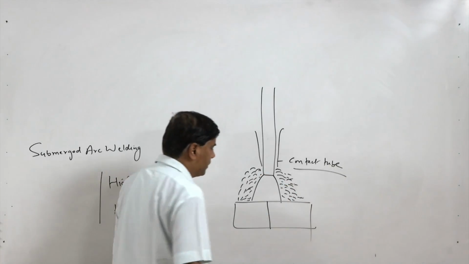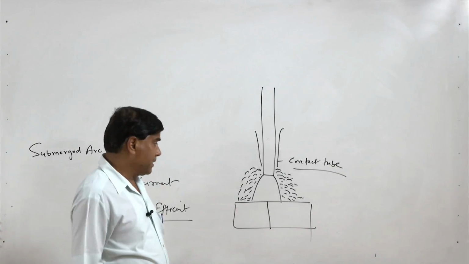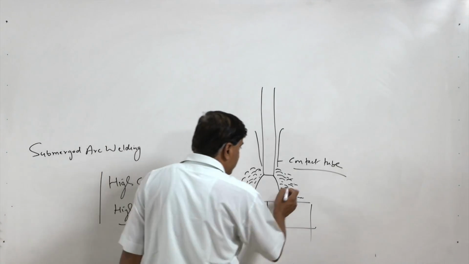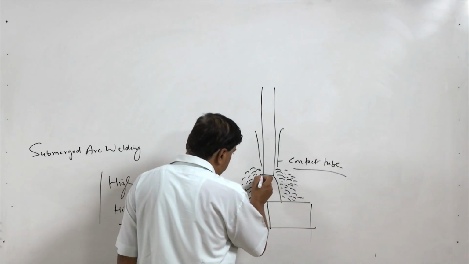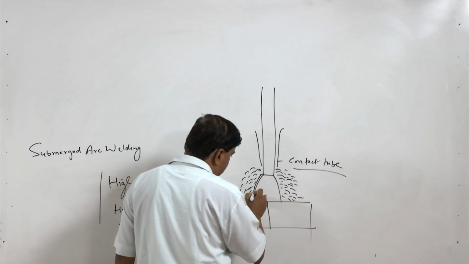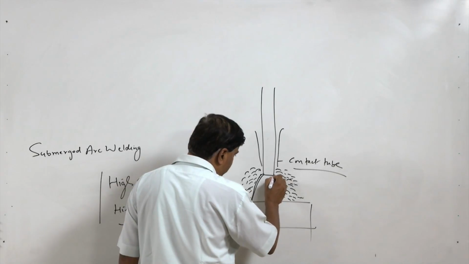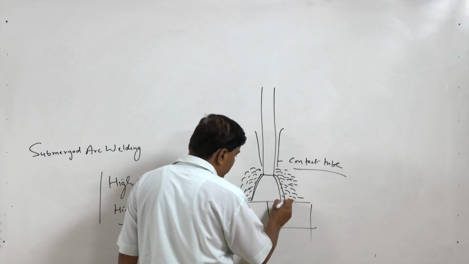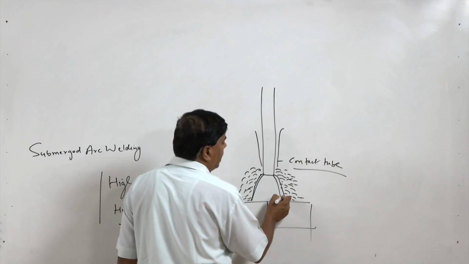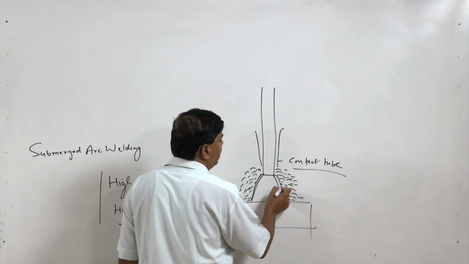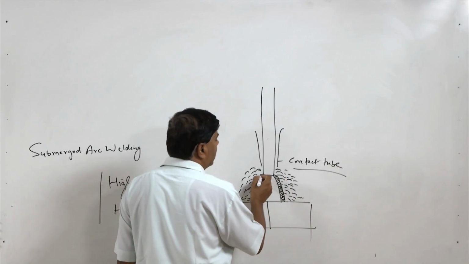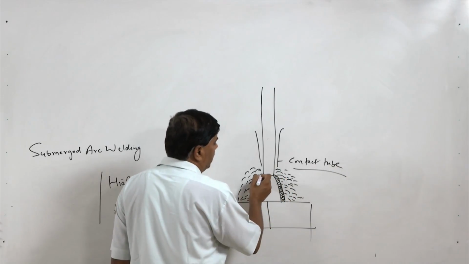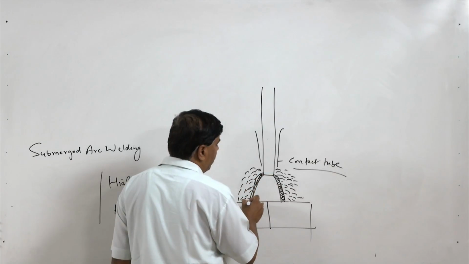That is why this process is called submerged arc welding. The granular flux melts in the course of welding; the heat of the arc will melt a thin layer next to the arc, and this molten flux will cover the arc and protect the weld from atmospheric gases.